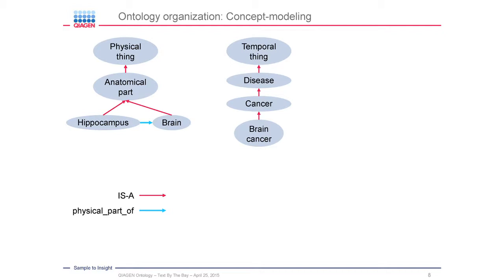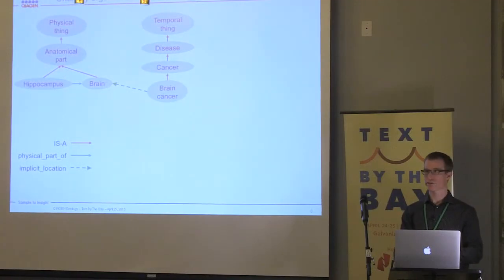And then there are temporal things. So disease is a temporal thing, or a process. Cancer is a kind of disease. Brain cancer is a kind of cancer. And we can denote relationships across these kinds of high-level distinctions or high-level areas as appropriate.